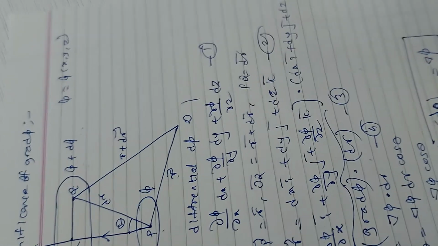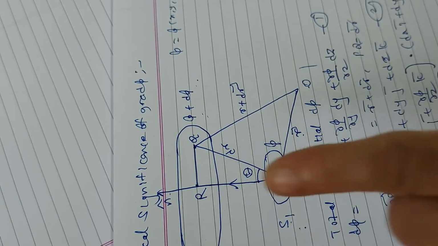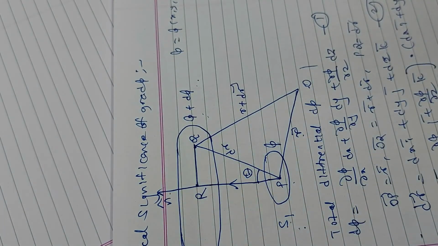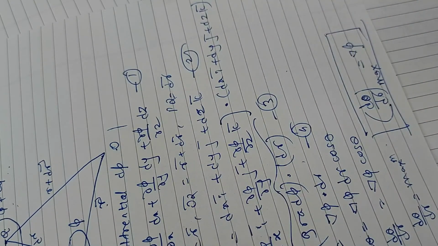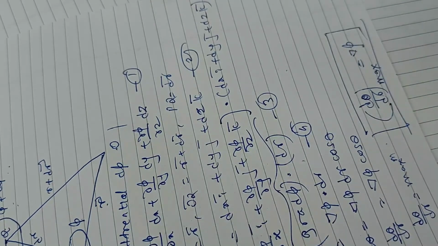And it is directed along the normal to the level surface phi equal to constant through the point. That is the meaning of d phi by dr being maximum, which is called del phi, correct? So next lecture I'll try and solve a problem on directional derivative, correct?